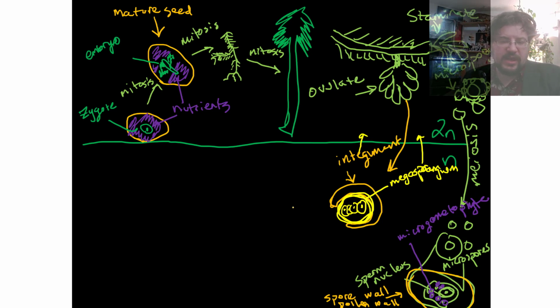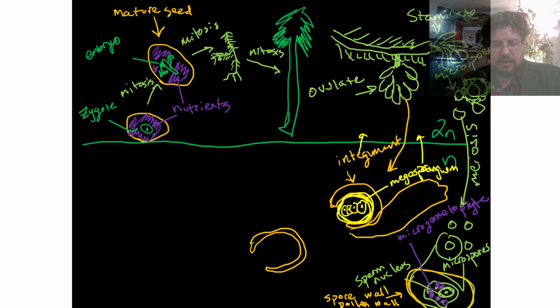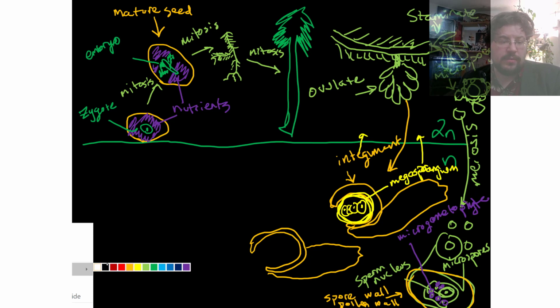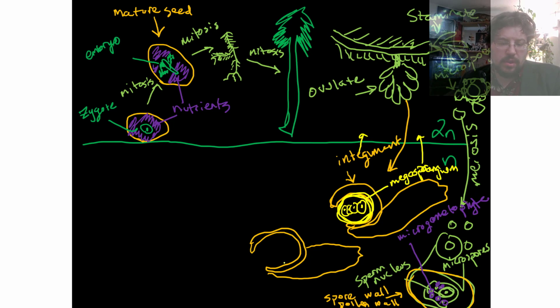So now we'll finally be in our haploid stage. Alright, so there's our integument. Let me put the scale on there. There's our pine cone scale. Very nice. Okay. So, there's our integument. There's our megasporangium.